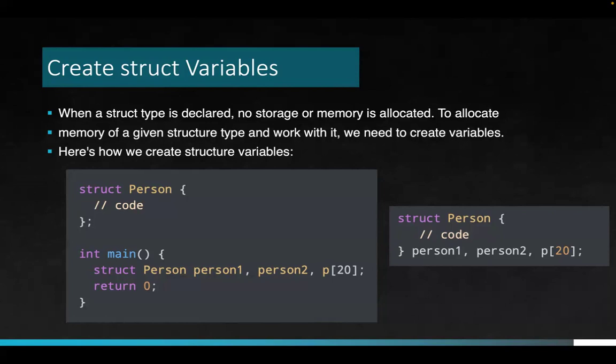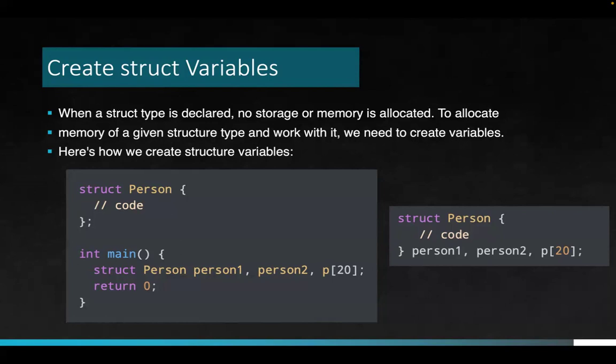So when you just create the structure and don't include any variables in it, then it won't allocate any storage to it, unless you specifically declare the members of the structure, then only it gets allocated.